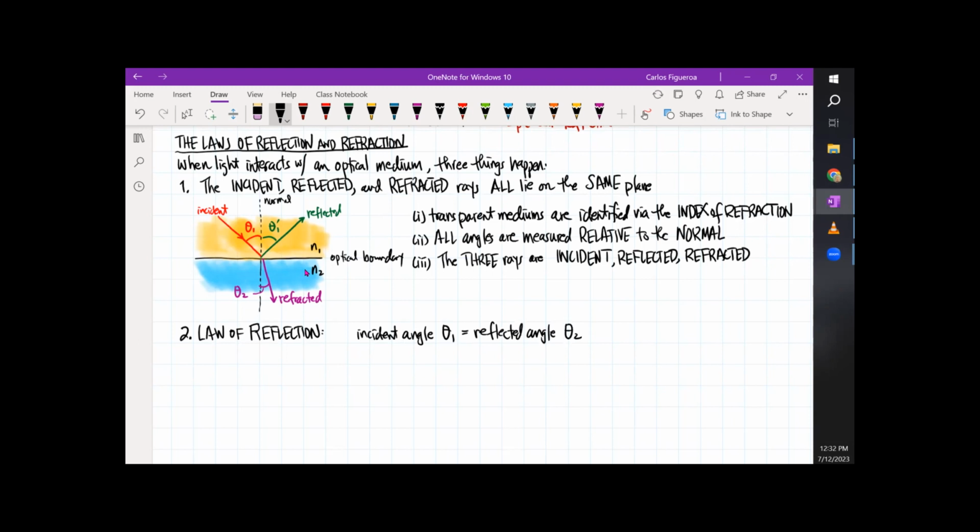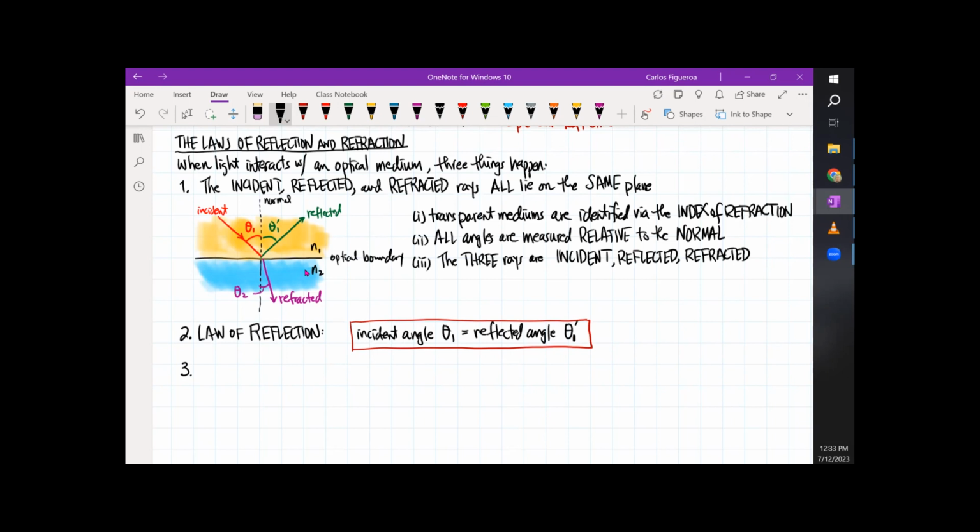In this case, it's theta 2. So that's our law of reflection. The angle that it comes in must equal the angle going out. And I see I have a typo here. This should have been 1 prime.